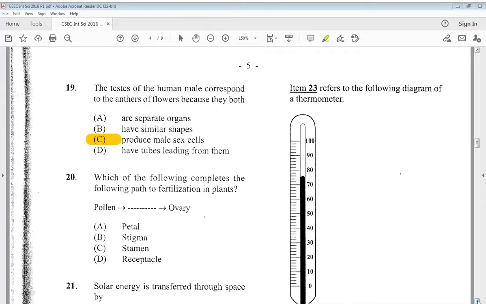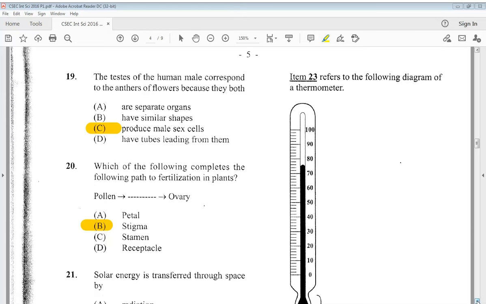So A, petal, B, stigma, C, stamen, or D, receptacle? So which one is it? We know it is B, stigma. So B would be the one that we fill in the blank to complete the entire path that fertilization takes place in plants.